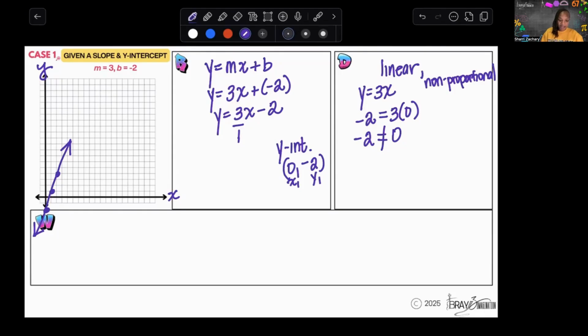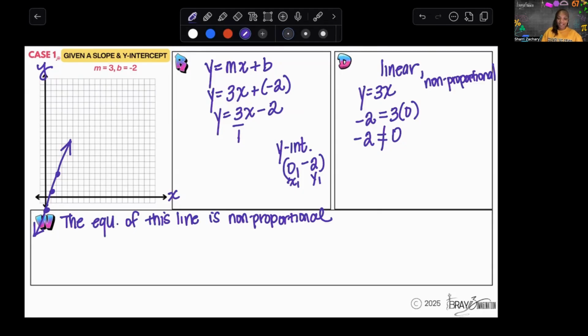Now here in the right box, we're going to say something like, the equation of this line is non-proportional. Why is it non-proportional? Because it does not cross the y-axis at the origin.